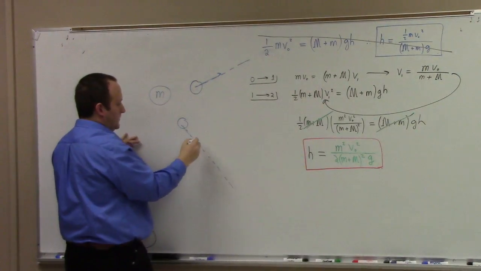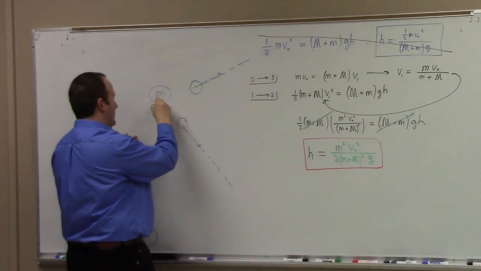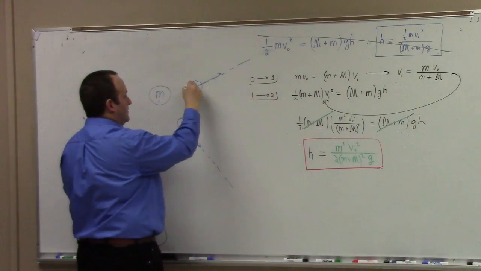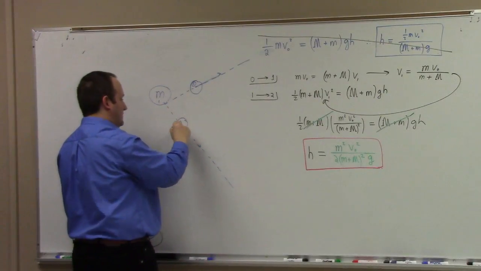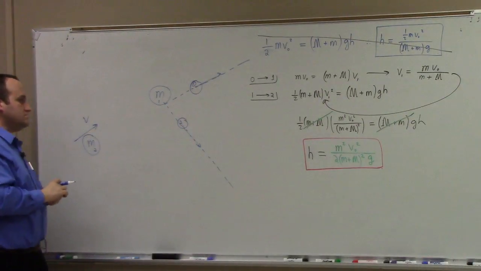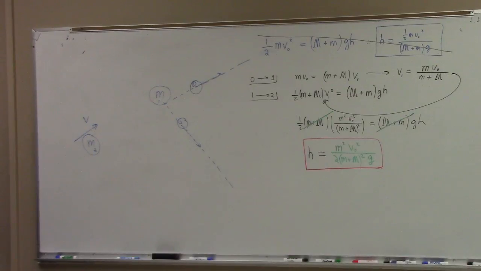Say we call this 1, call this 2, just to give them a label. Here's where they collided. It's an elastic collision, to a very good approximation. What's the angle between those lines?